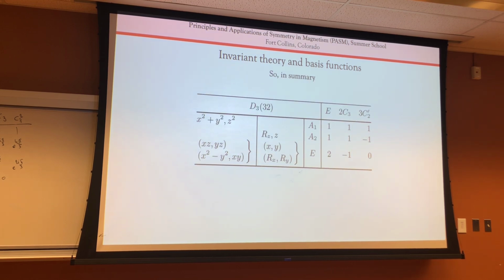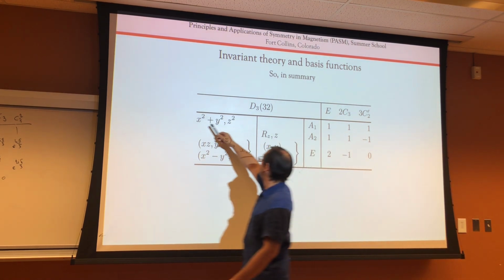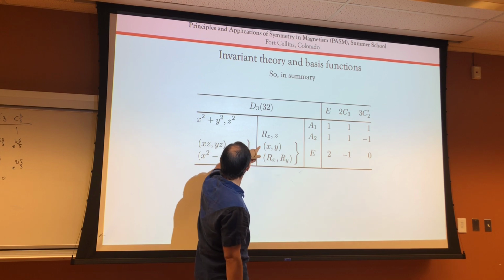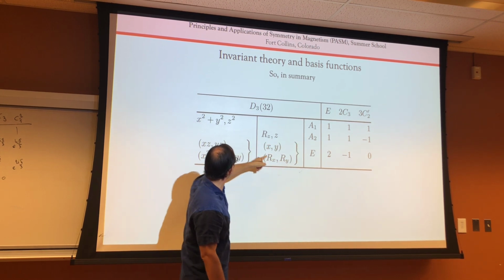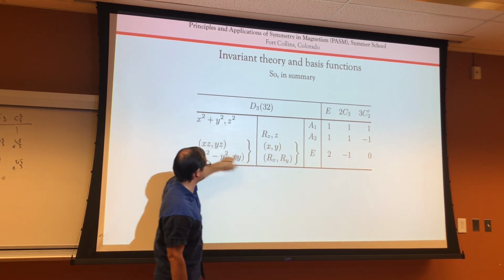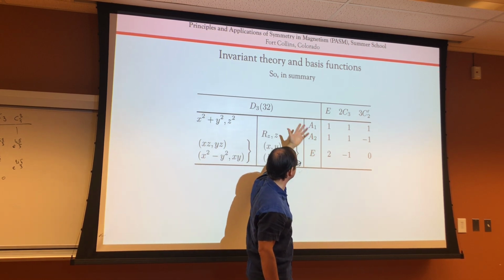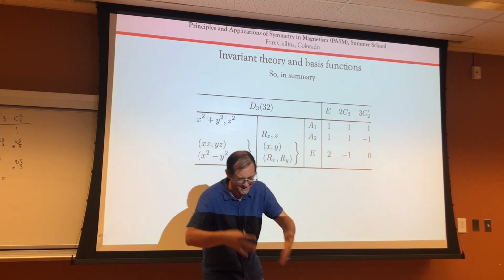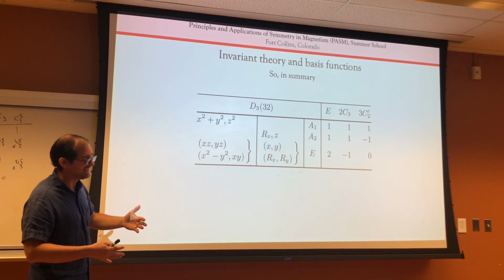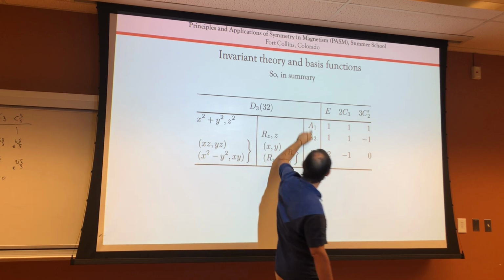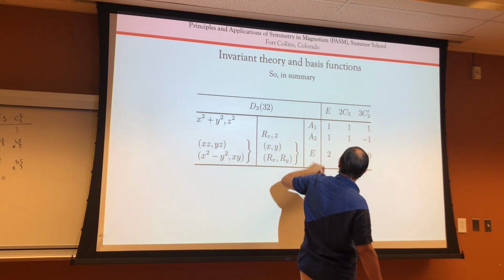You see that z squared, x squared plus y squared belongs to the A1 representation. Z belongs to A2, and those vectors belong to, oh yeah, okay, this is gamma 1, gamma 1 prime, gamma 2. Okay, they are just different wording, I'm sorry. This is the more conventional way to represent things, so one dimension, two dimension.